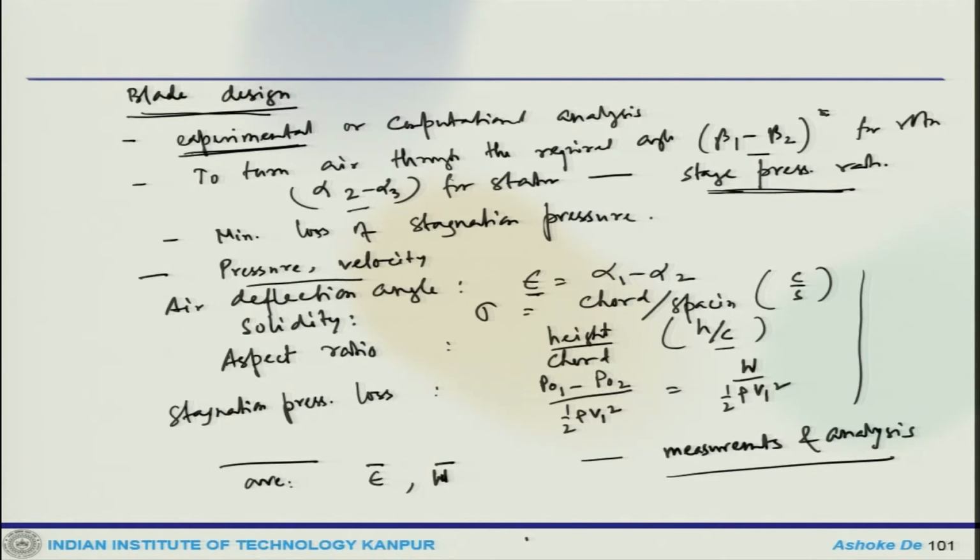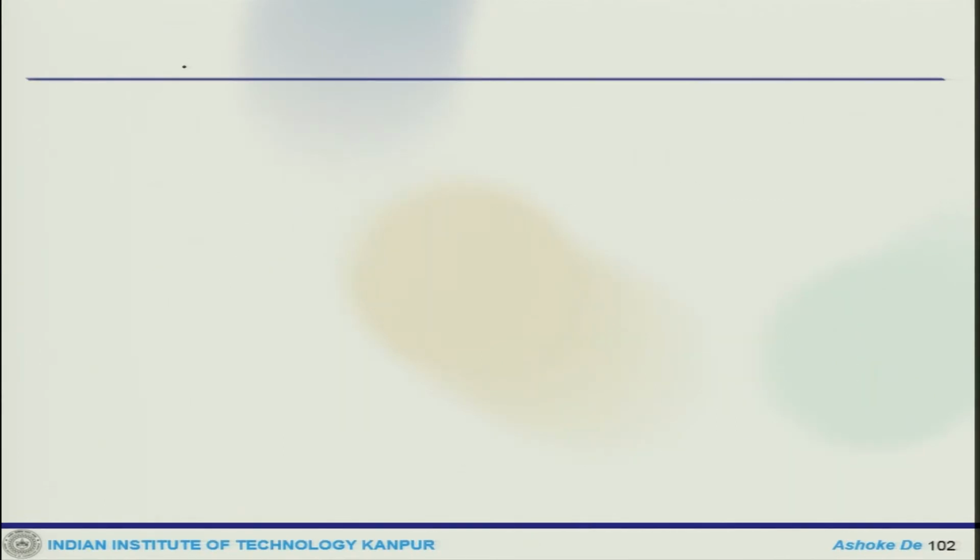So, while talking about the blade design, one of the important aspects is the airfoil type, because after the radial distribution of the air angles and velocities are determined, the bladings can be designed, and for that the proper selection of the airfoil is needed.